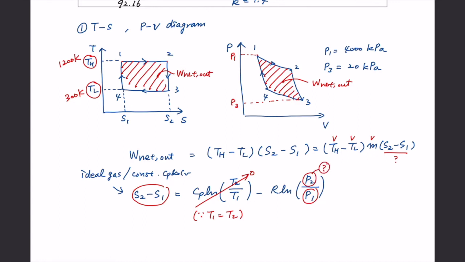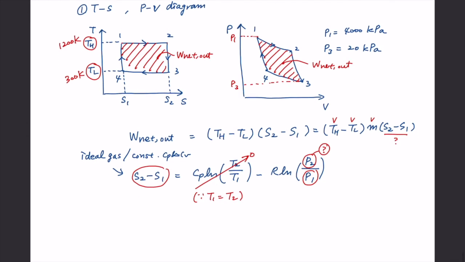Okay, then how can you calculate this P2? In order to calculate P2, let me focus on what happens during the process 2 to 3. We know the pressure at 3, but we don't know P2. But what we do know is the process between 2 and 3 is an isentropic process.